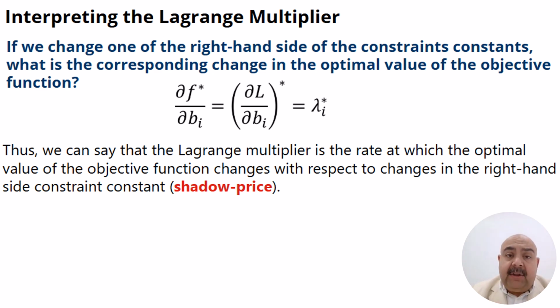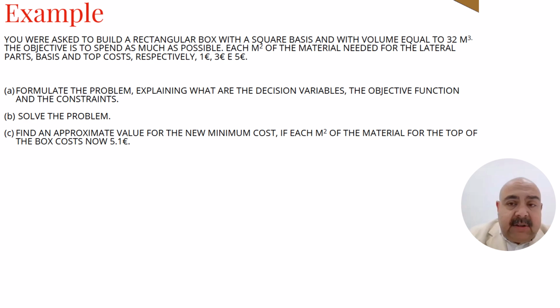In order to make this more handleable for you, I will go through this example, which will illustrate everything. We were asked to build a rectangular box with a square base and with volume equal to 32 cubic meters.